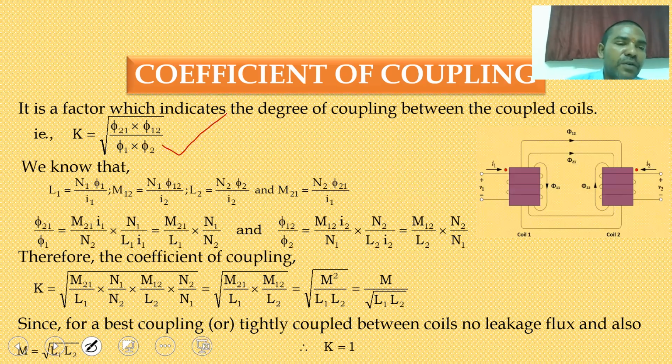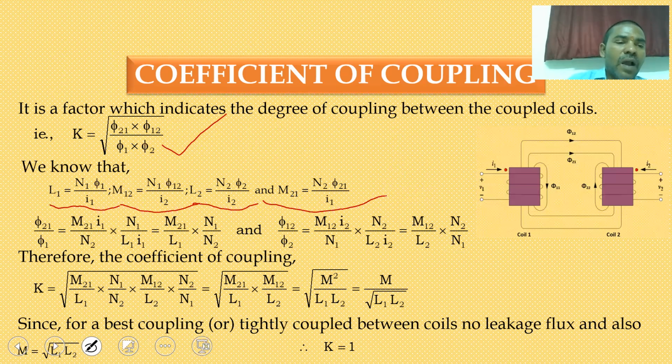K is the root of phi21 into phi12 divided by phi1 into phi2. Now L1 is N1 phi1 by I1, M12 is N1 phi12 by I2, L2 is N2 phi2 by I2, and M21 is N2 phi21 by I1.